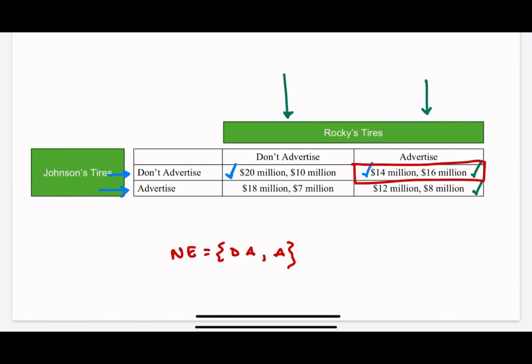They won't. If Rocky tries to deviate, they'd go from 16 down to 10, and so they won't do that. And so this is our Nash equilibrium. And in oligopolies, because there's few players or few suppliers, these firms can interact strategically in determining how much to produce and what to do as a business.